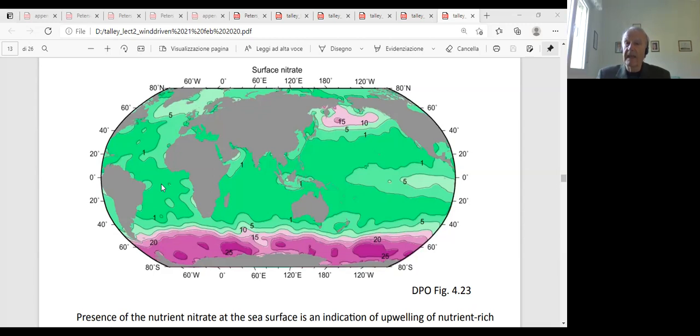Vice versa, the upwelling areas, which are associated with the mid-latitude gyres and the Antarctic circumpolar waters, have a strong concentration of nutrients. So there are two indicators of upwelling: one is the lower temperature than the surrounding water, and the other is a higher nutrient concentration than the surrounding waters.